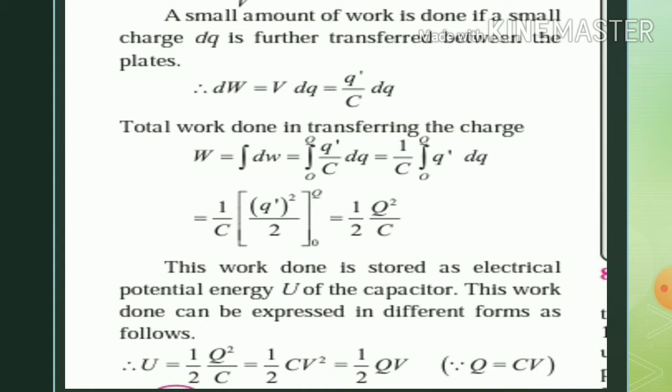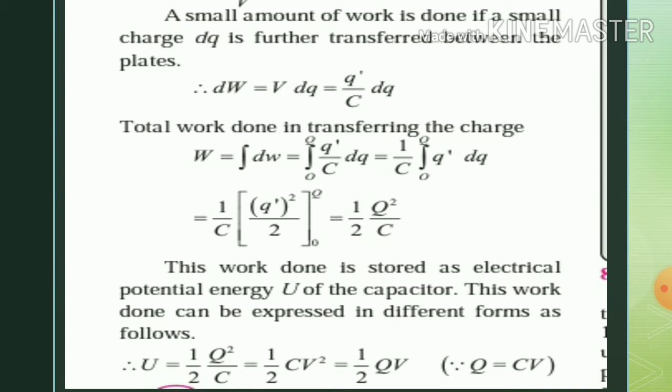At that time there is a very small work done, and this very small work done is dW, and the migration of charge is very small, which is nothing but dq. Then we know the relation between work done, electric potential and charge.